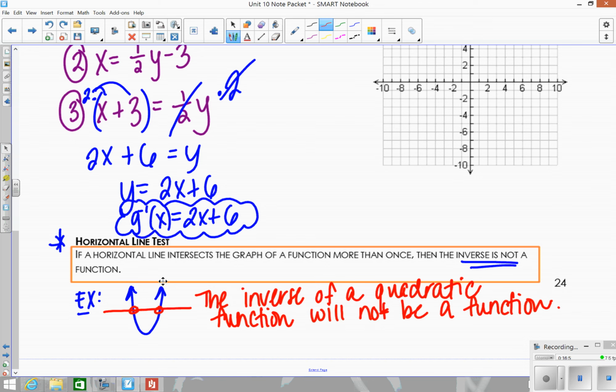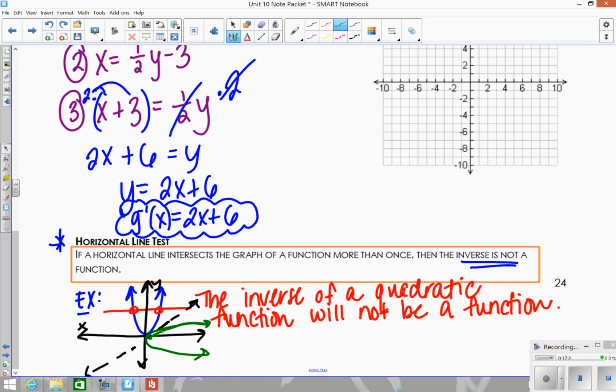Basically, if you imagine this was on your set of axes, so if these are the x and y axes, if you were to reflect this over the line y equals x, if I reflected that, it would look something like this.